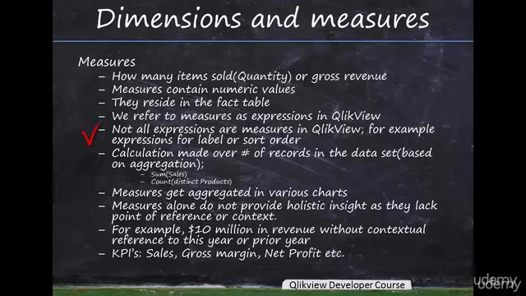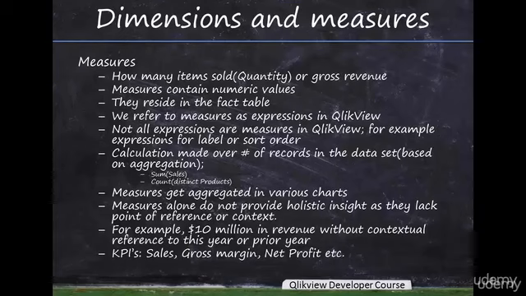For instance, if you create an expression to label a dimension, then that expression is not really a measure. Also, if you create a sort order using an expression, that's not a measure. So you have to be cognizant, but in general, an expression is a measure in QlikView.